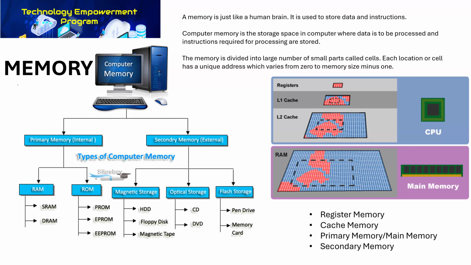Memory is largely divided into cells. If you look at these diagrams, you see something that looks like a grid, small, small, small, so they call it memory location. When you are storing something on your hard drive, it actually goes to that hard drive and takes up memory allocated to it, depending on the size of the file.